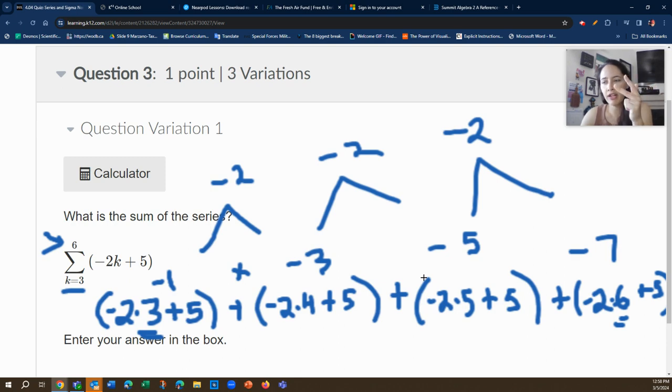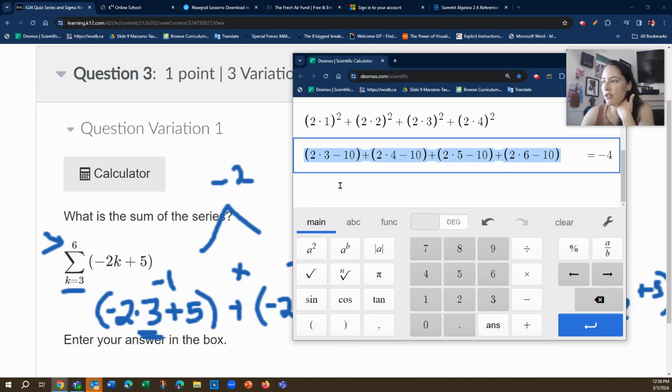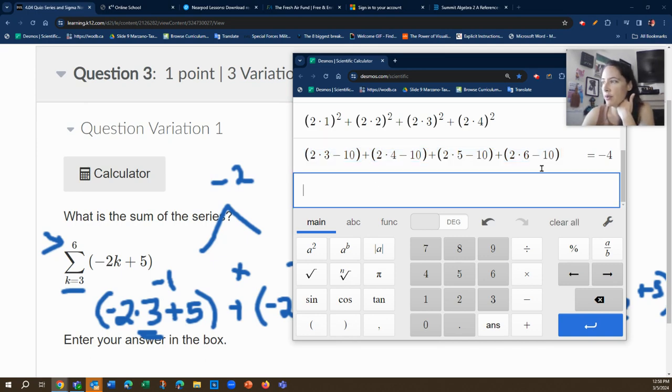But remember, let's type it into the calculator so I can show you that skill. So now I'm going to type in parentheses -2 times k plus 5, close parentheses, and a plus sign. This is my original explicit formula. I am lazy, so I copy it, I paste it, 3, 4, 5, 6, and then I replace the values.